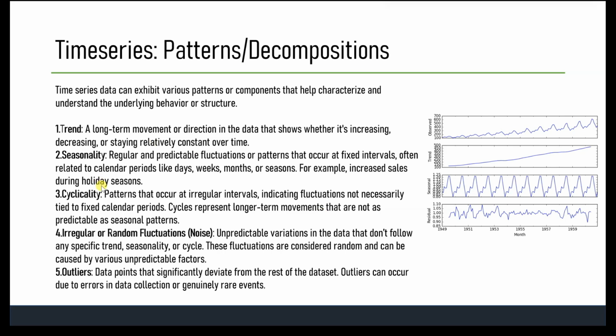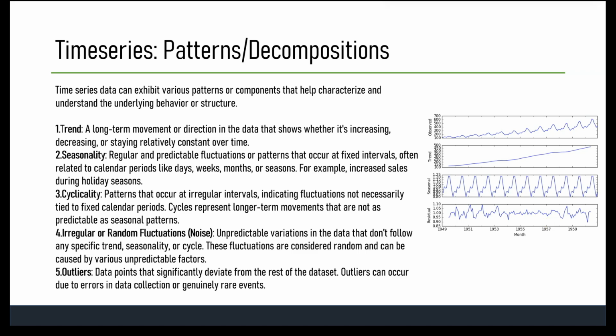Next is cyclicality, also called irregular cycles. Cyclic patterns don't follow a fixed calendar interval and often represent long-term fluctuations that are not as predictable as seasonal patterns, which look like this. I mean, this is not a very good explanation of irregular cycles, but somehow it looks like this.